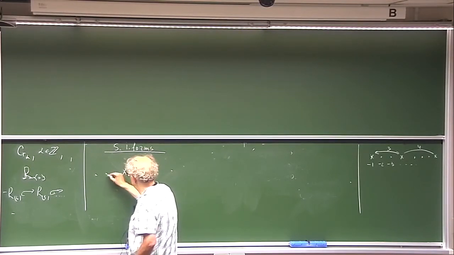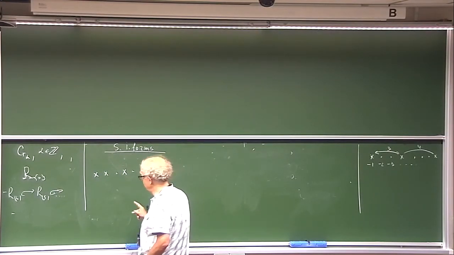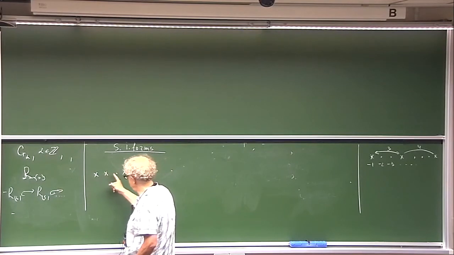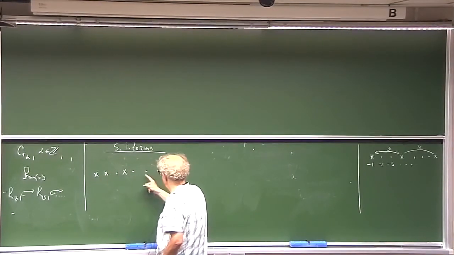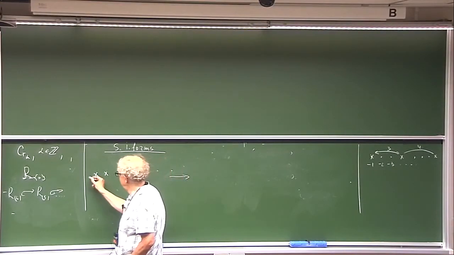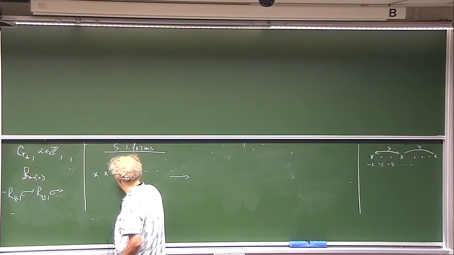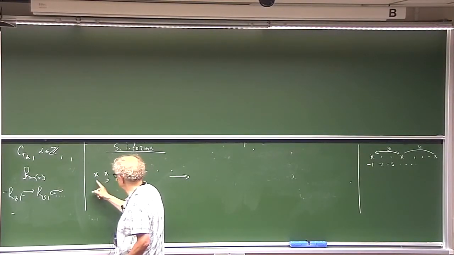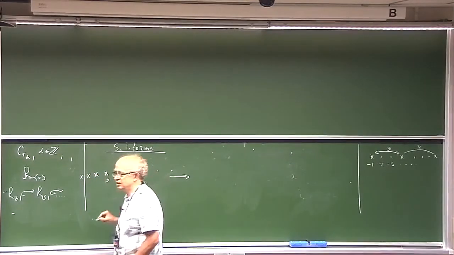I put crosses here, actually an infinite amount of crosses, such that they are finite in this direction. And in this direction, after some moment, for example from 3, it is going like this.